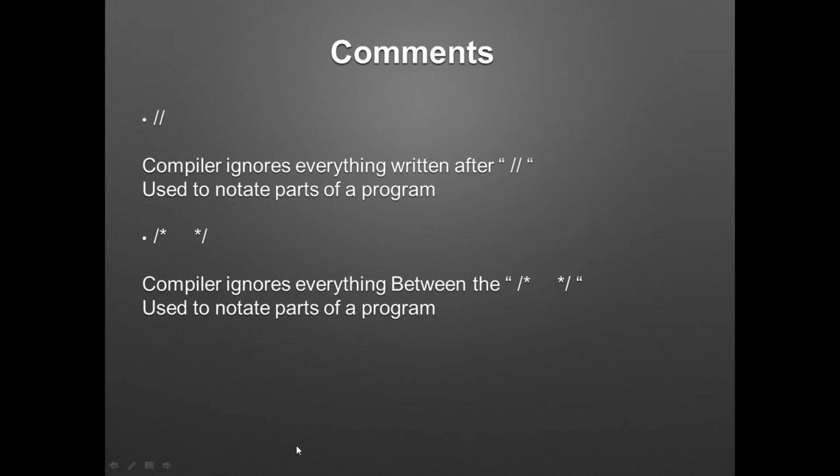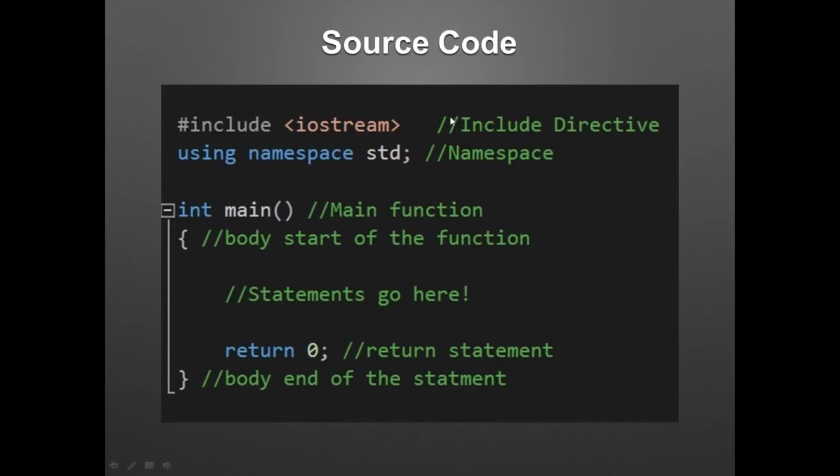Everything that lights up green after this, all the way to the end of the line, however long the line might go, is ignored and not treated as something that would have meaning. This is just used for notation.